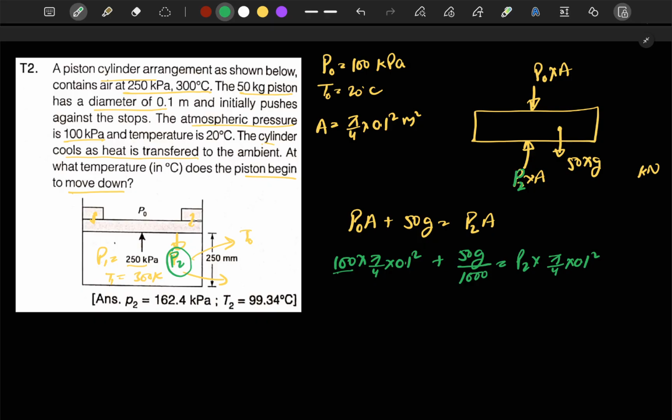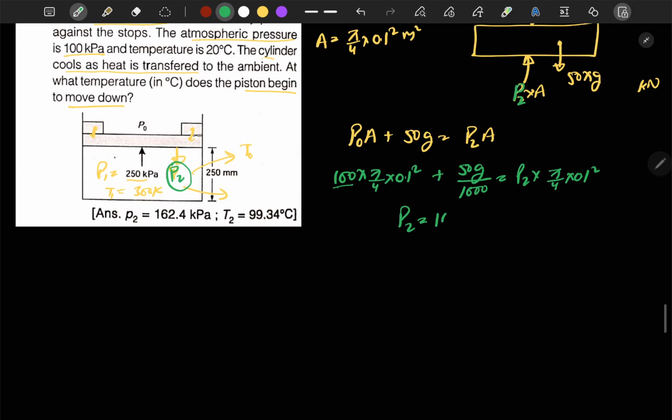So we will get P2 equal to 162.45 kilopascal. This will be the final pressure for the arrangement.